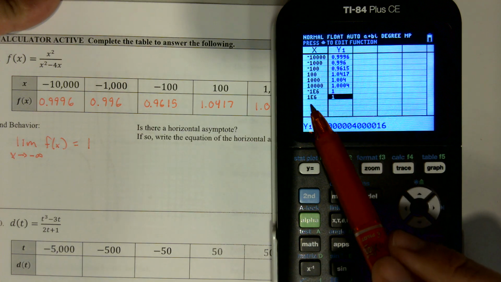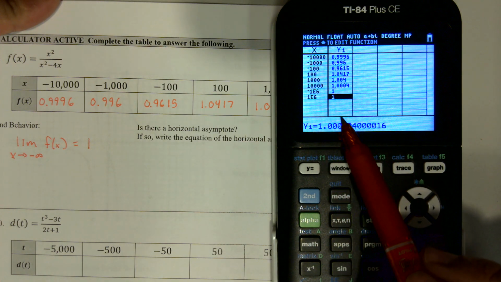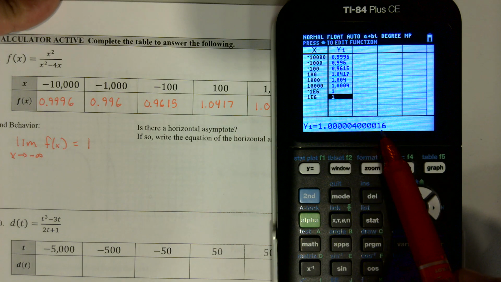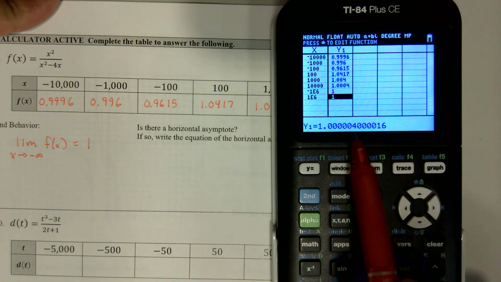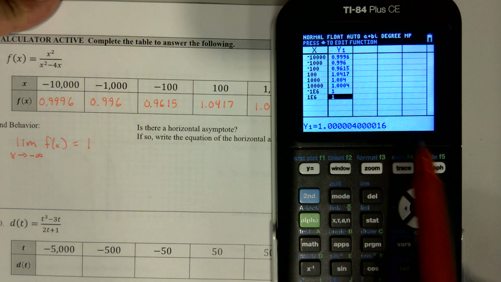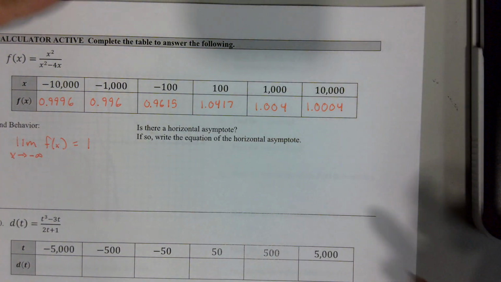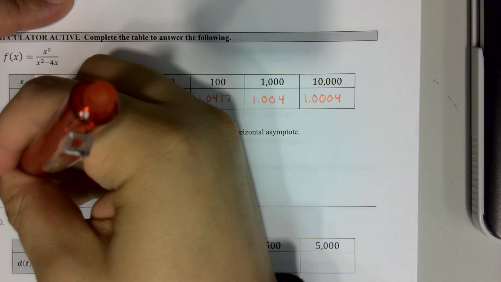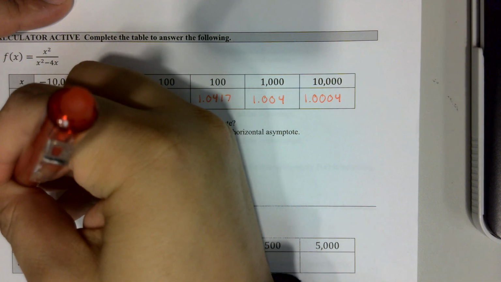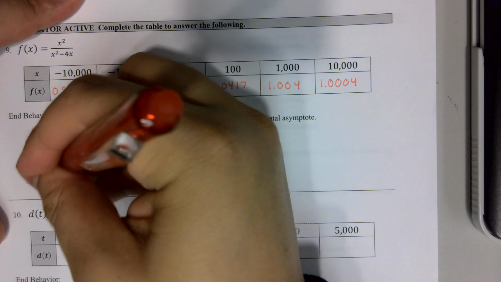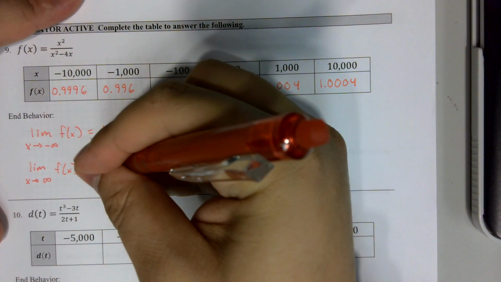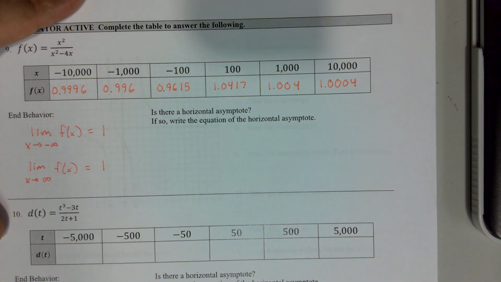And if I keep typing in a bigger and bigger number, it will get closer and closer to 1, never quite reaching it. We'll always have some left over here. But the limit as x goes towards positive infinity for our function f of x also approaches positive 1.